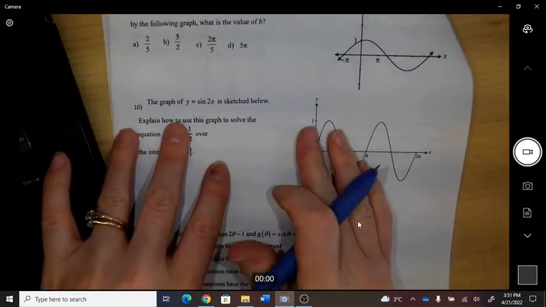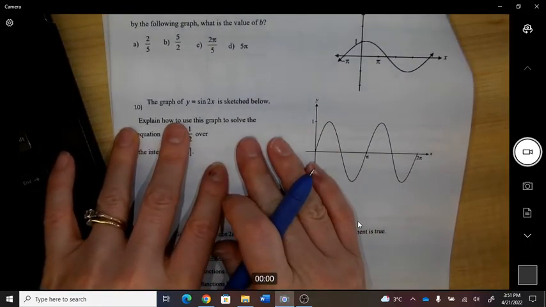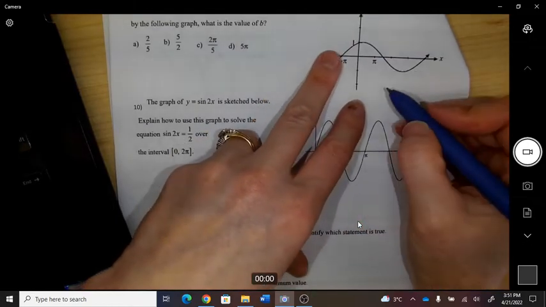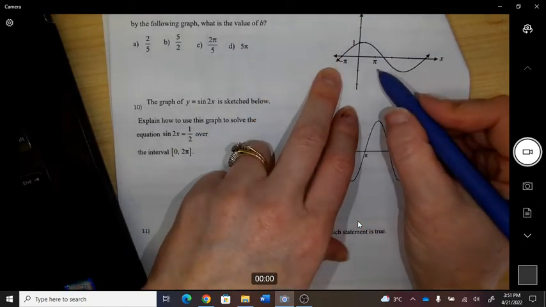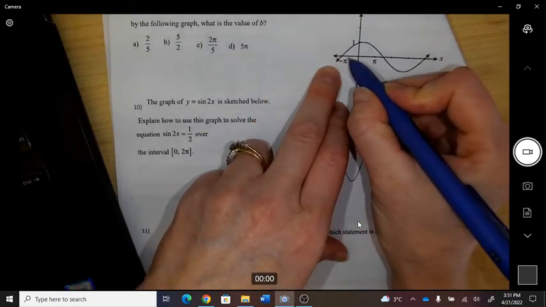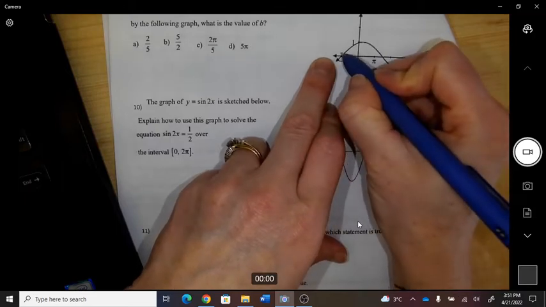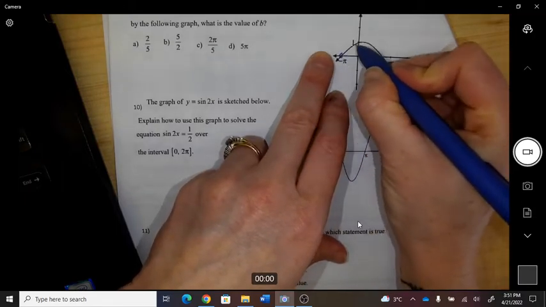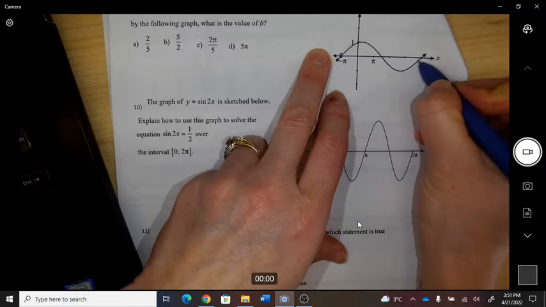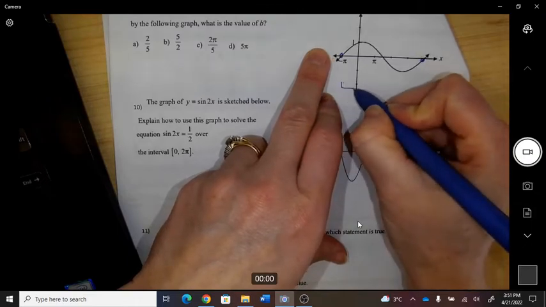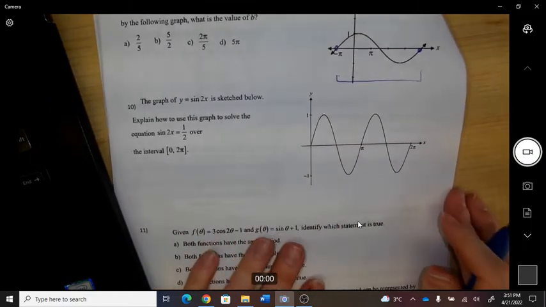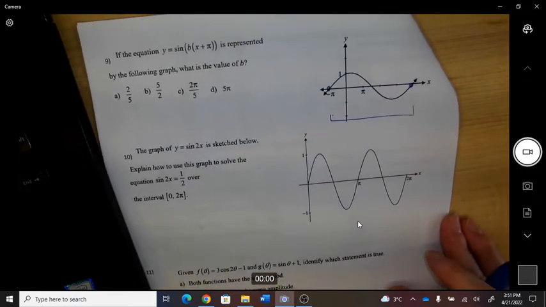Okay, number 9. This is the equation. What's the value of b? So let's talk about a cycle. So from here, I go up, mid, down, mid. So that span would be an entire cycle.